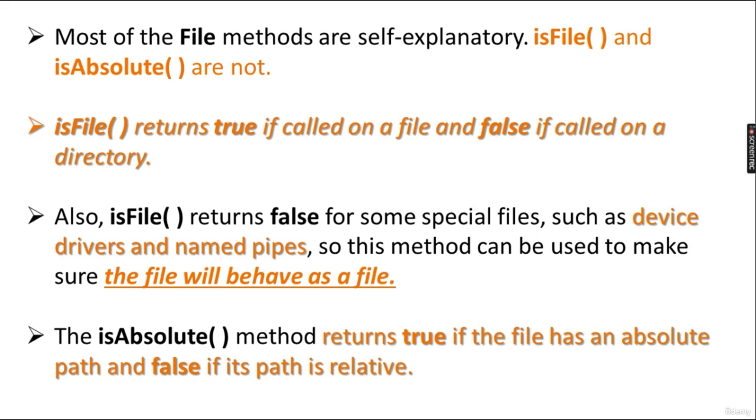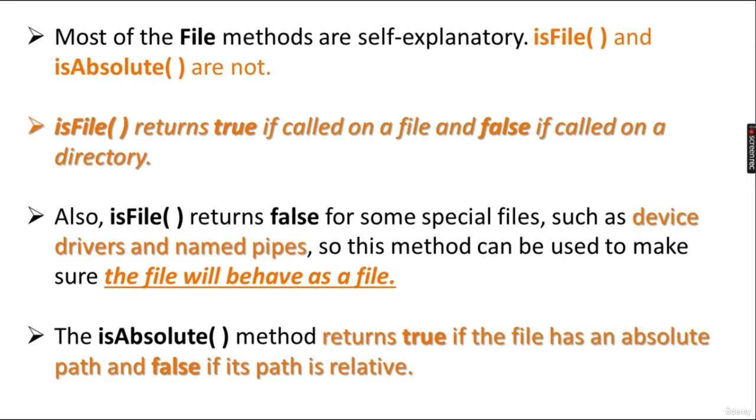No need to understand or learn each one. isFile and isAbsolute are not. isFile returns true if called on a file and false if called on a directory. So a file with a particular extension will give you a true result. And if it is a directory or folder that contains other files, it will return false.